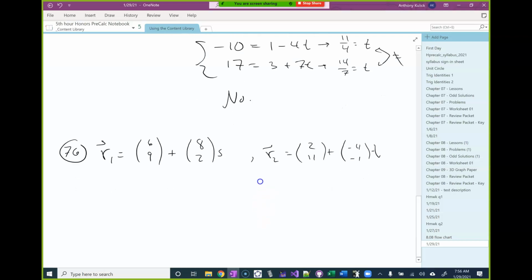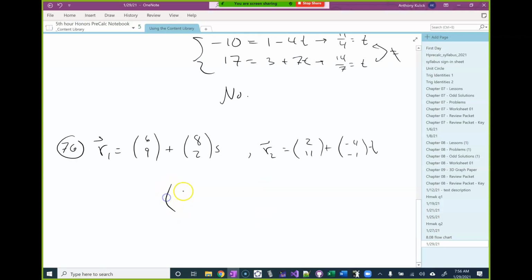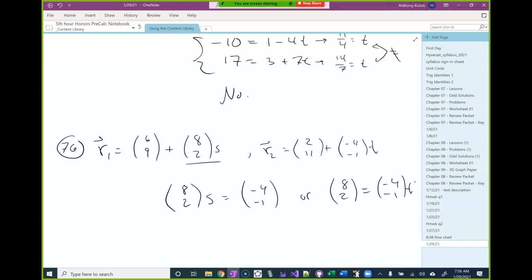Okay. So to tell if they're parallel, what I need to do is take either this piece or that piece and set it equal to the other direction vector, and solve for the variable.